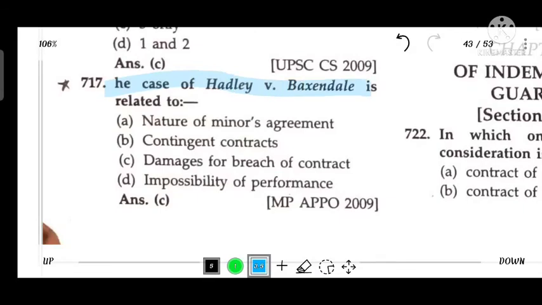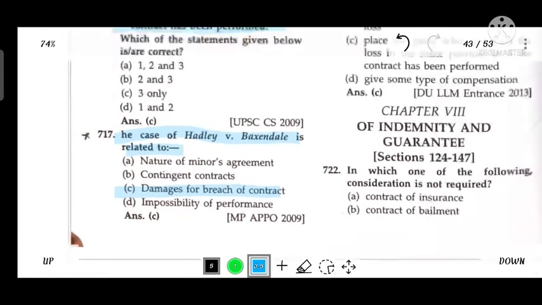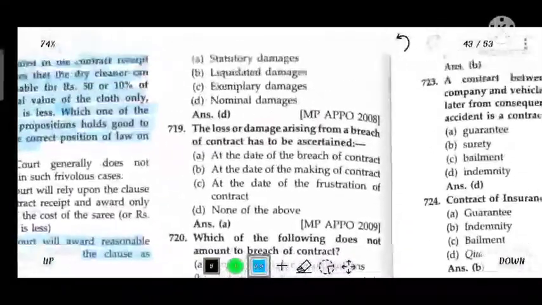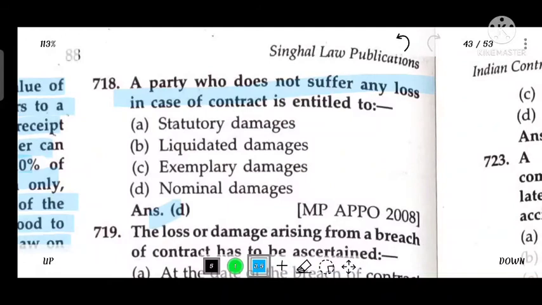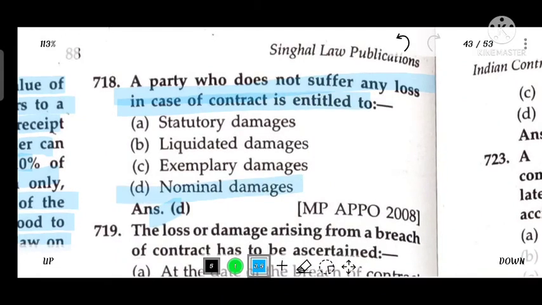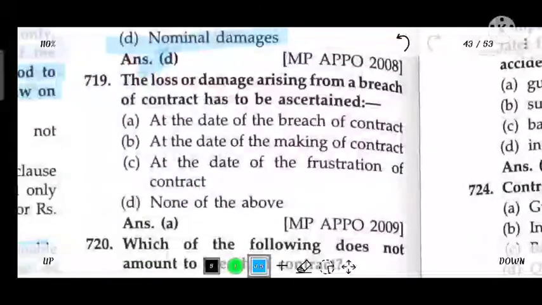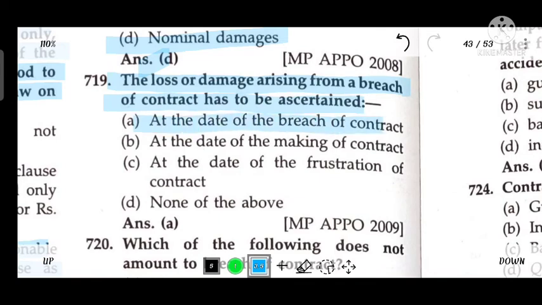The case of Hadley versus Baxendale is related to damage for the breach of contract. A party who does not suffer any loss in the case of breach of contract is entitled to nominal damage. The loss or damage arising from the breach of contract is ascertained at the date of the breach of contract.